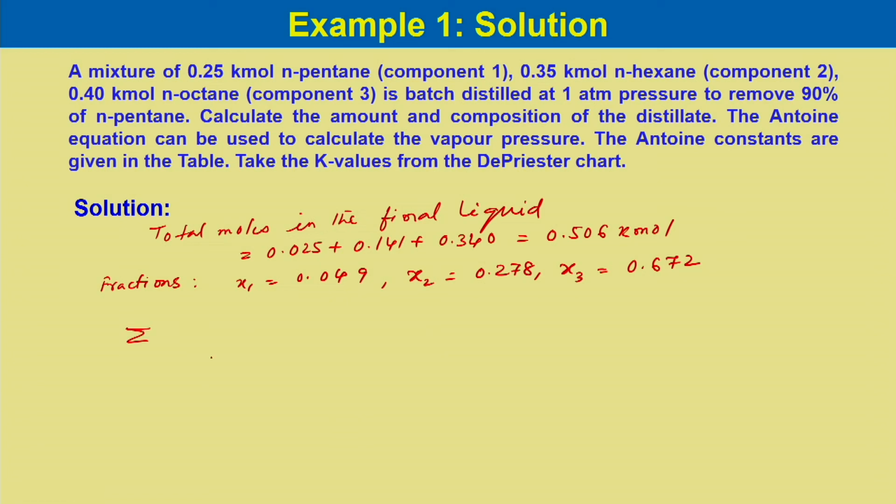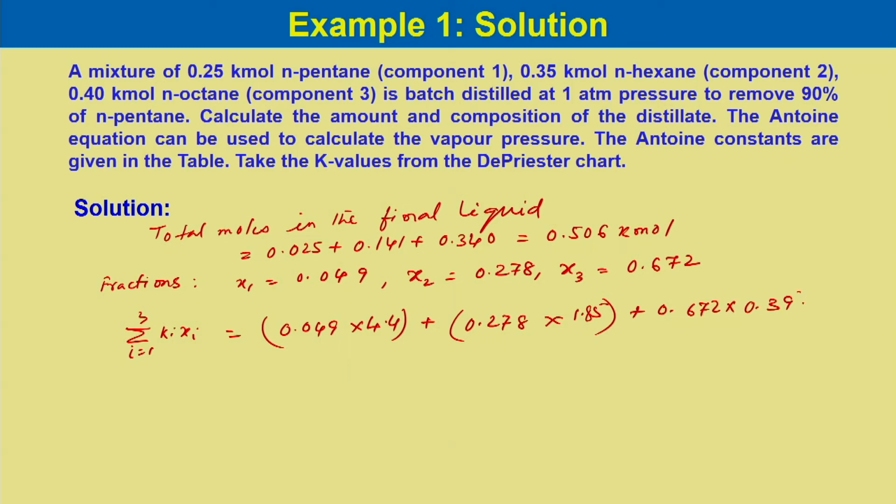So, now we can calculate the summation over i equal to 1 to 3 of Ki xi, which would be equal to 0.049 into 4.4 plus 0.278 into 1.85 plus 0.672 into 0.39. So, this would give about 0.99, which is close to 1.